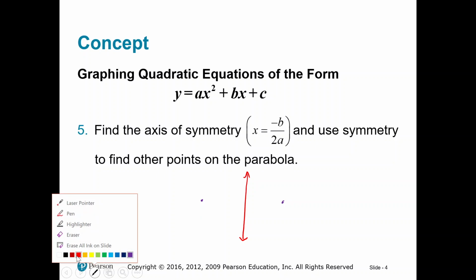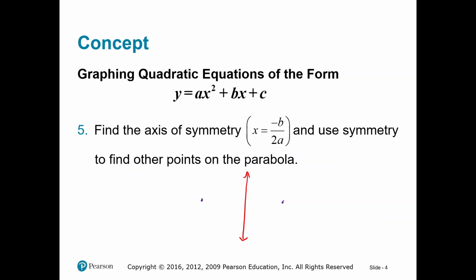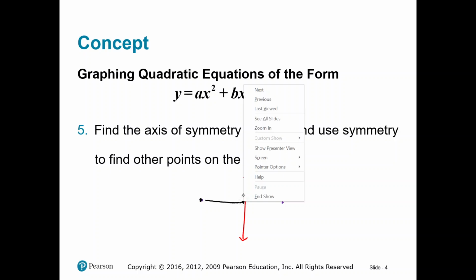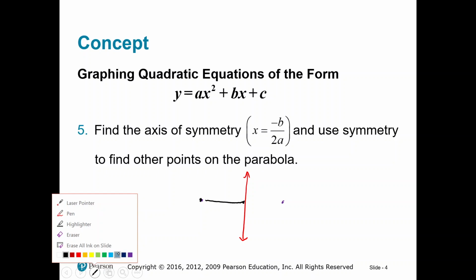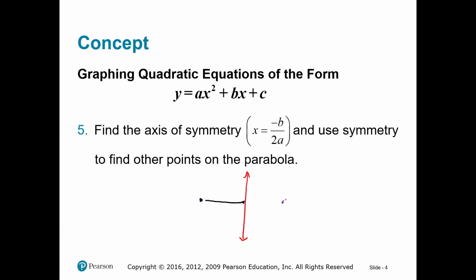Symmetry tells me that if I go from the point on the left to the line, and if I go from the point on the right straight to the line, the distance is the same. Let's say a units and a units.